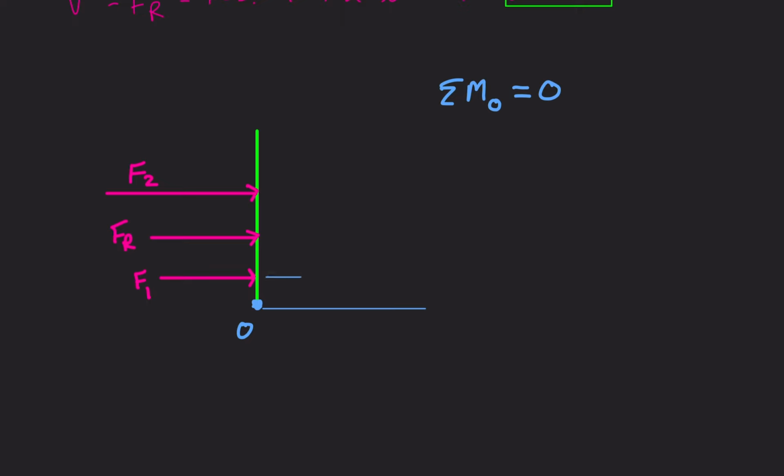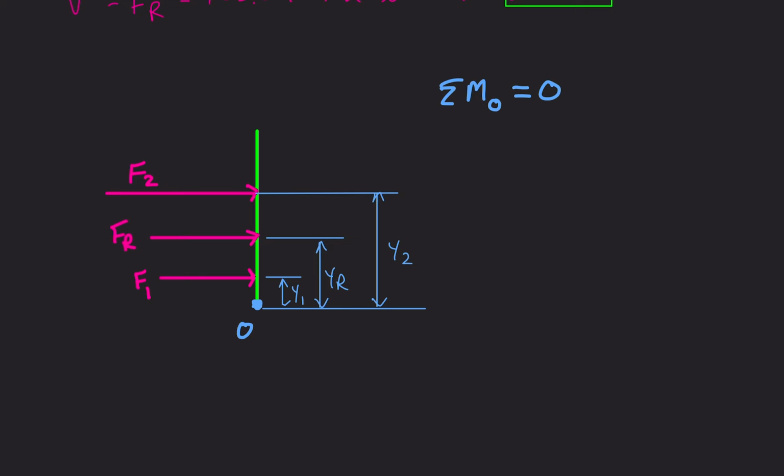We've got some distance to here, some distance to here, some distance to here. Right, something about O. We'll call this Y1, Y2, and YR, okay?